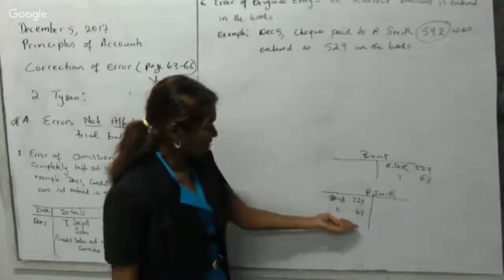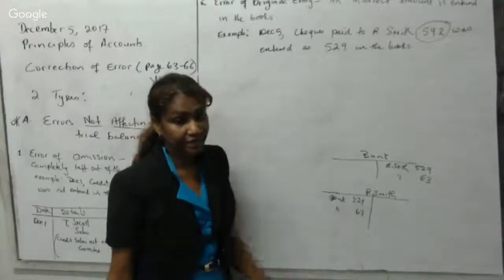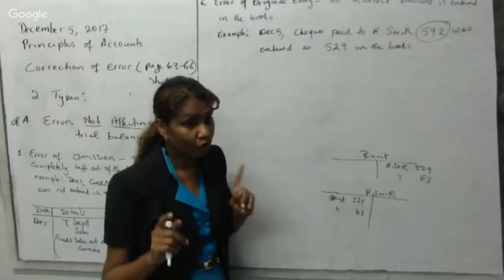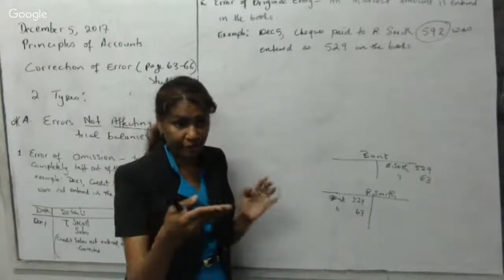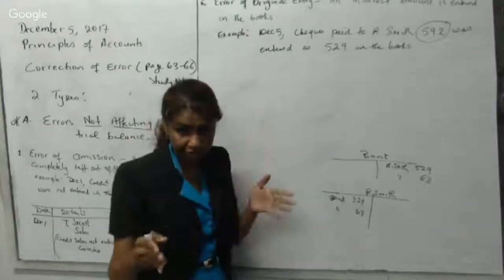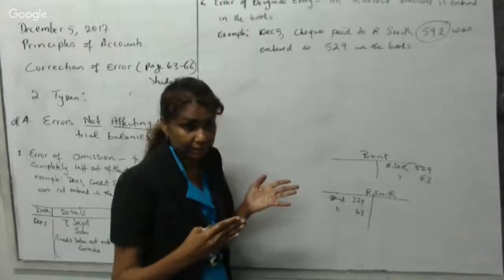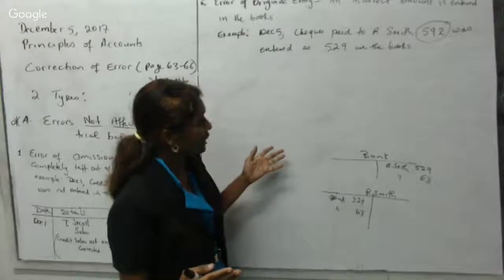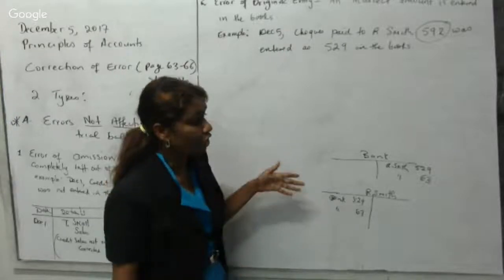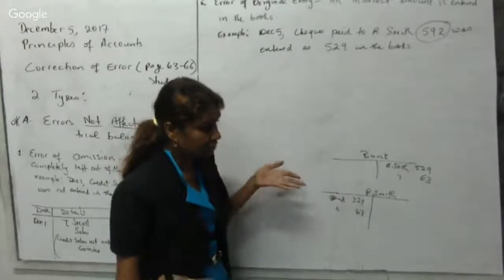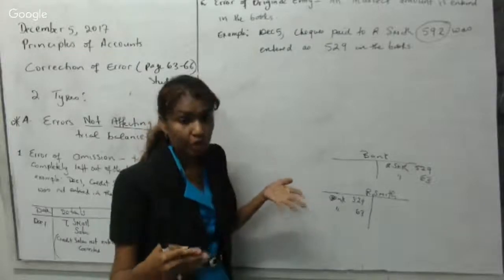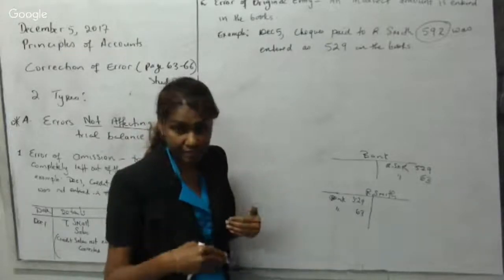Only the difference, just as when you were doing the bank reconciliation a while ago. You can't put the full 592 because you already have the transaction for 529, so you only need to take care of the difference.